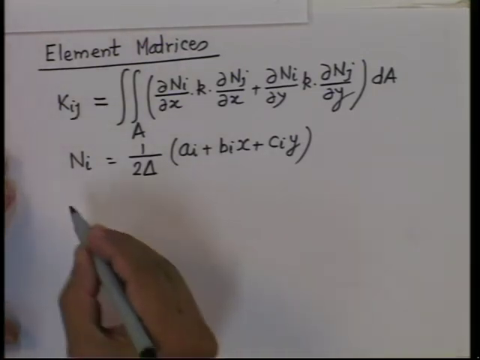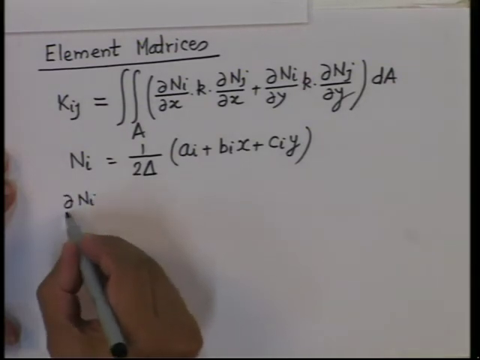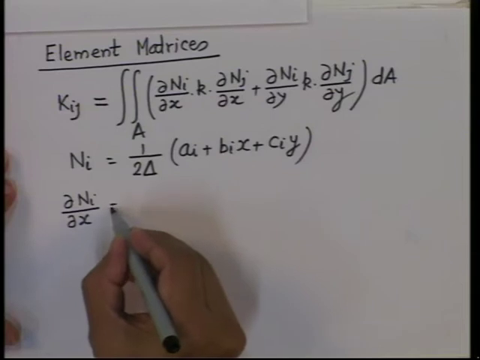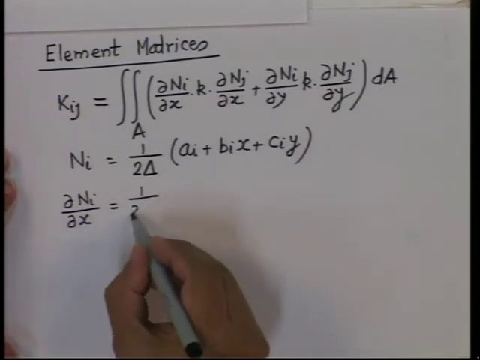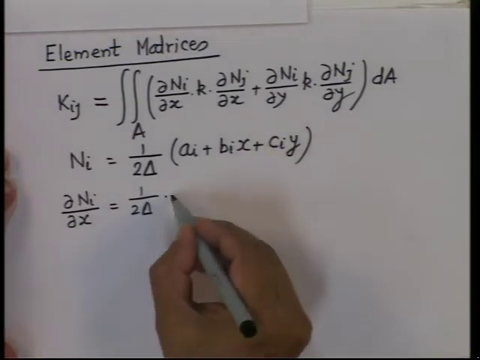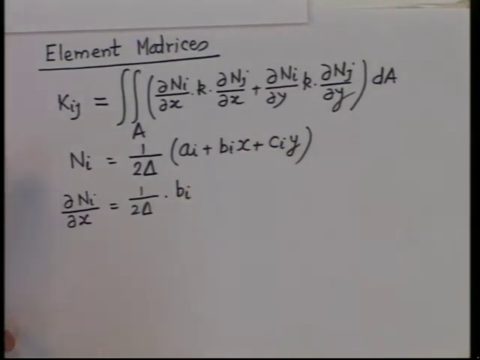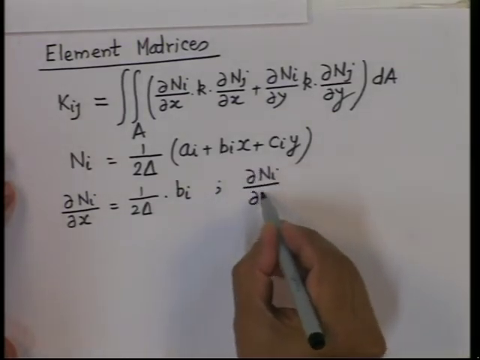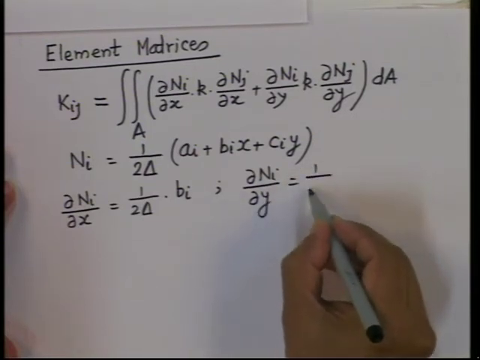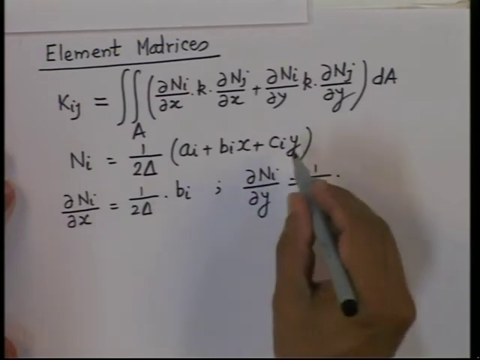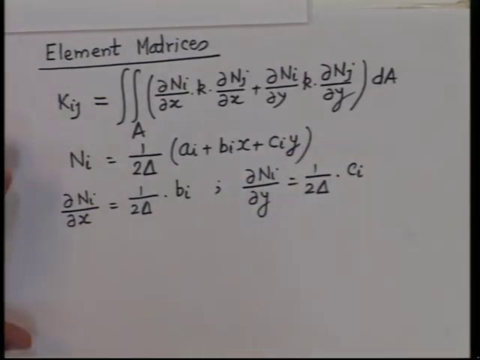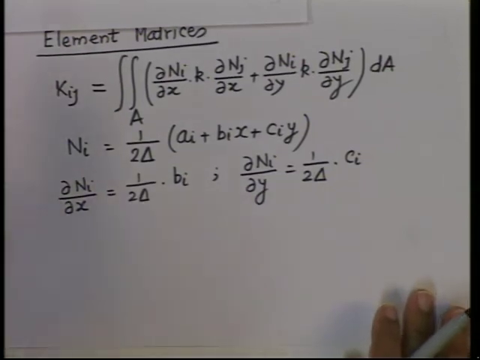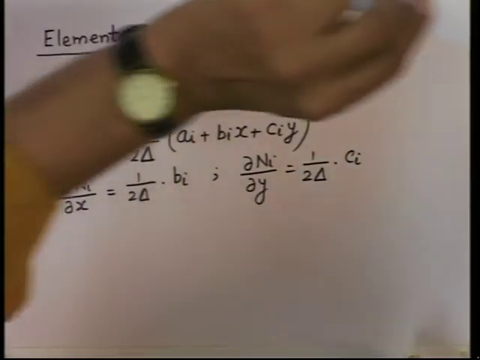So, for example, dN_i by dx will be given by 1 by 2 delta times b_i, then dN_i by dy will be 1 by 2 delta times c_i. Of course, b_i and c_i have to be properly taken from the coordinates. They are all functions of the nodal coordinates.